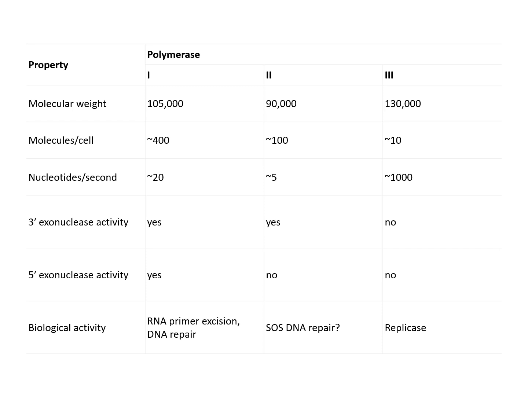And DNA polymerase 1 is the one that, after you remove the RNA primer, will come in to fill in the gap. Okay, and the role and function of DNA polymerase 2 is still uncertain, but it might be involved in SOS DNA repair.